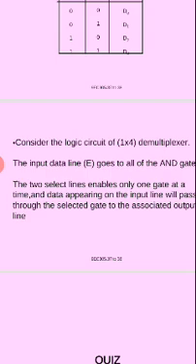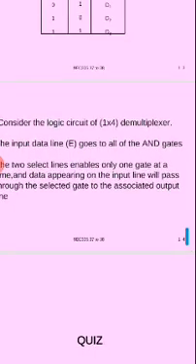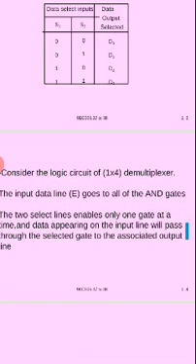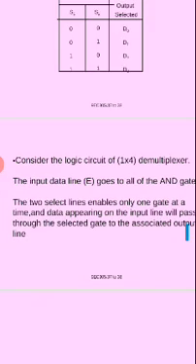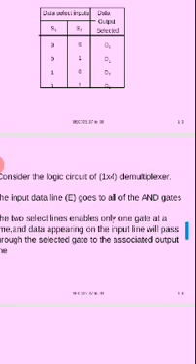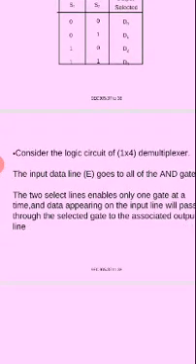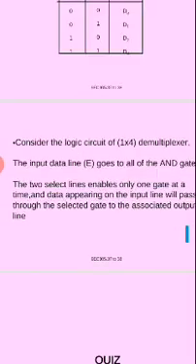The two select lines enable only one gate at a time, and data appearing on the input line will pass through the selected gate to the associated output line.